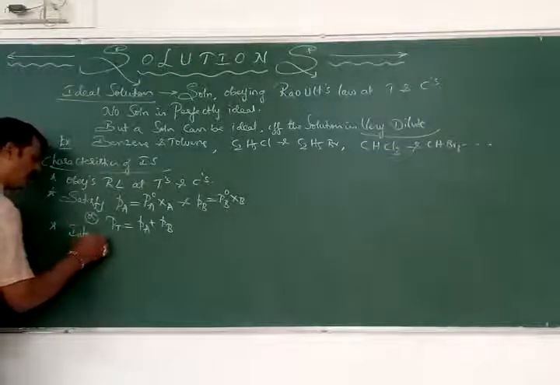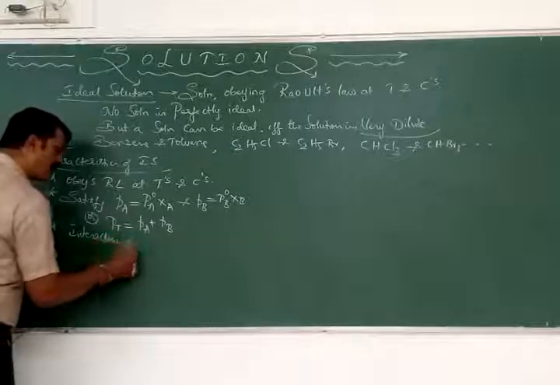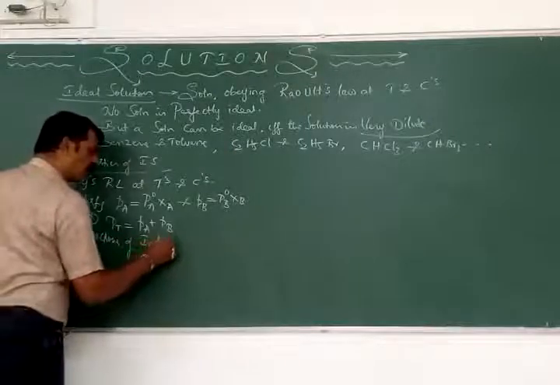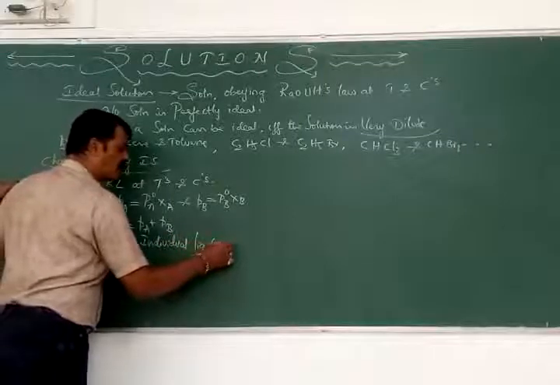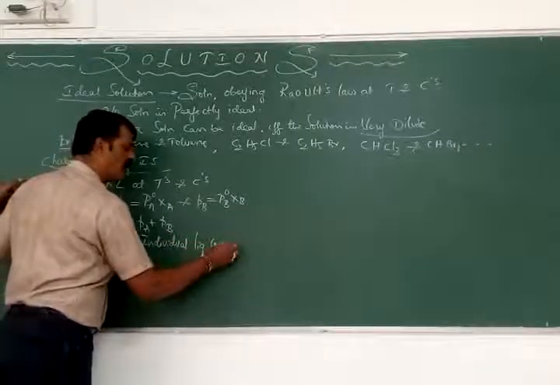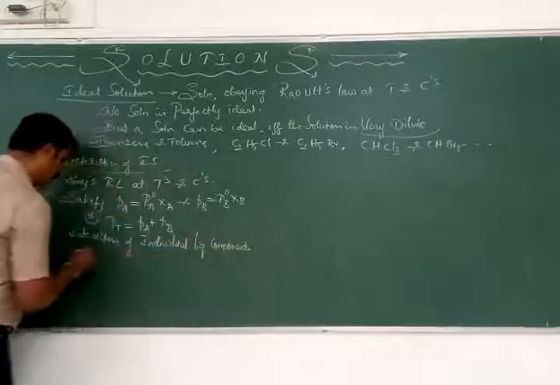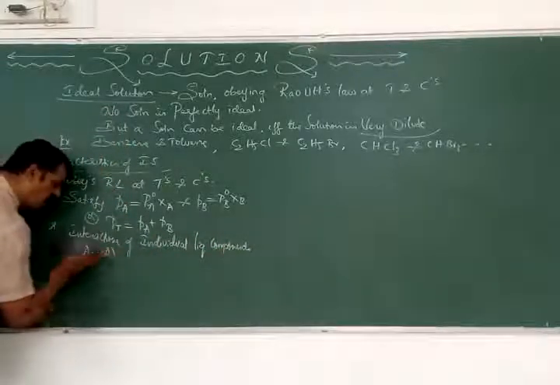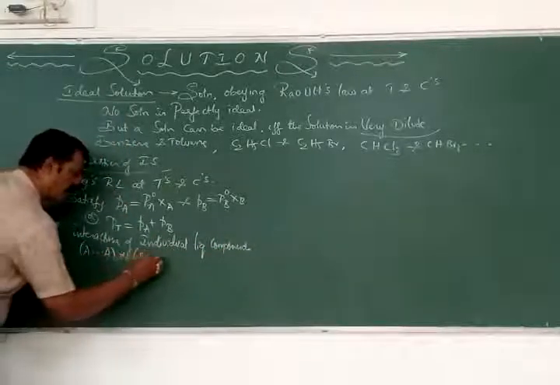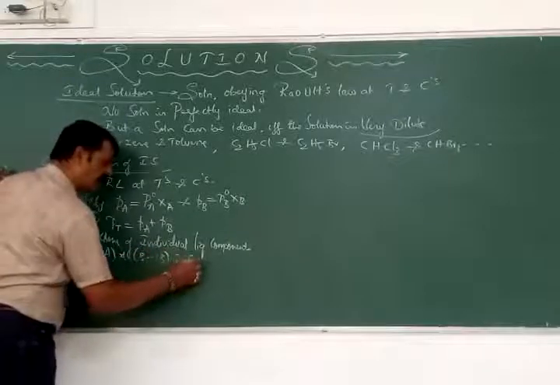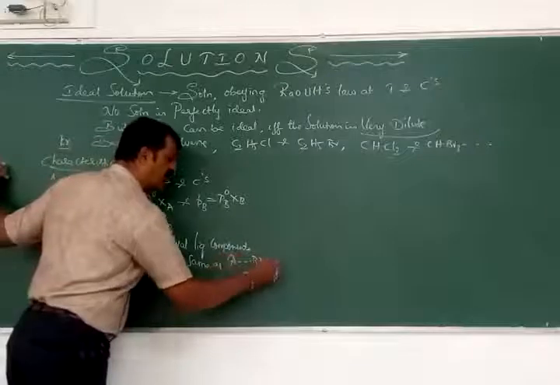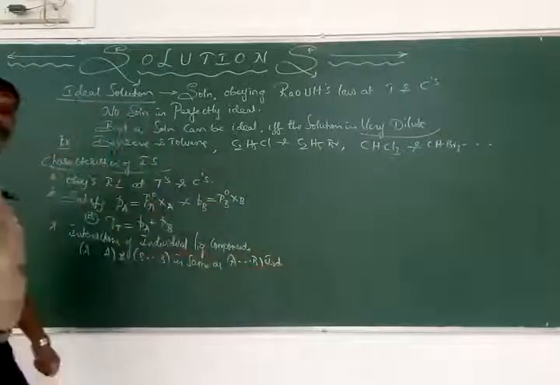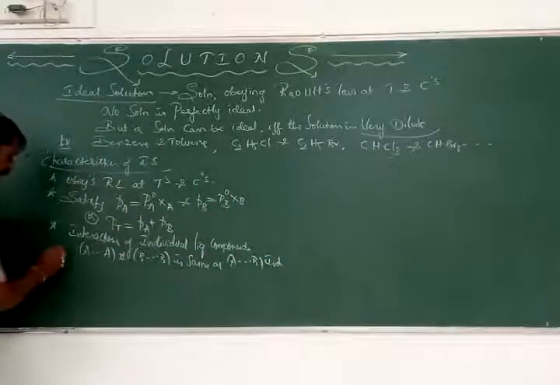Then, the interactions of the individual liquid components, either A-A or B-B, are the same as the A-B interactions. If that be the case, then we can say that it is an ideal solution.